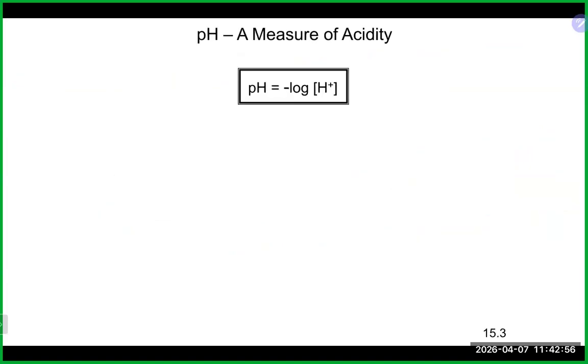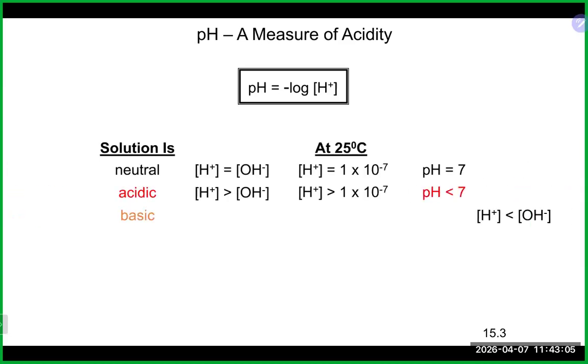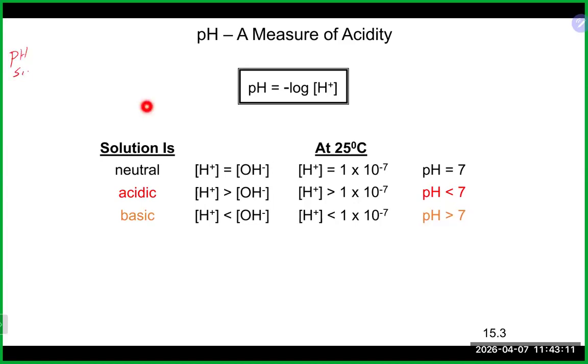So let's talk a little bit about pH and measuring pH. So the pH is a measure of acidity, and we use the pH scale to help us determine. And the pH scale runs from 0 to 7 to like 14. Below 7 is acidic.